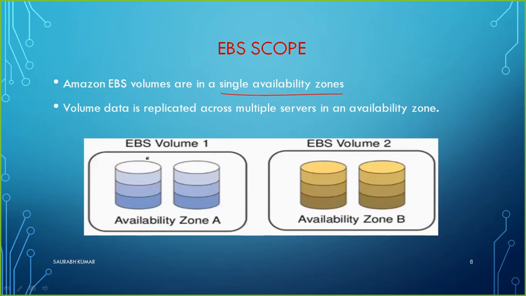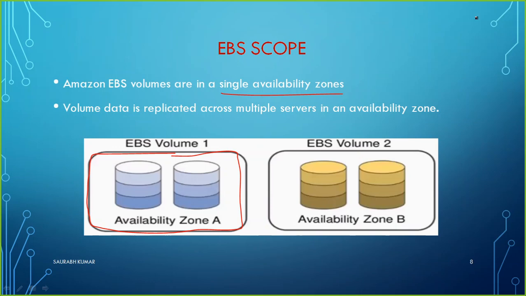So whatever volume size you define, for example 80 GB, that 80 GB will always be stored in a single availability zone. If you make different volumes, you can keep them maybe on the same or maybe on a different zone, it's up to you.